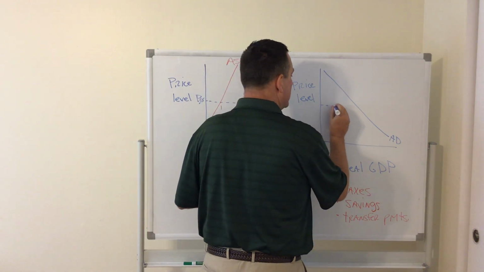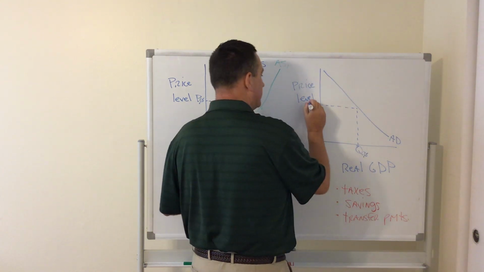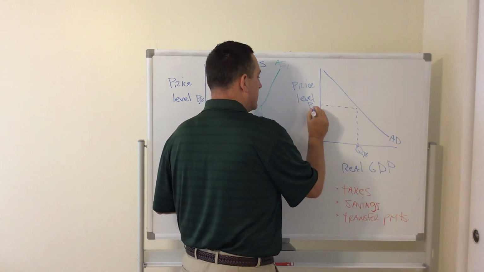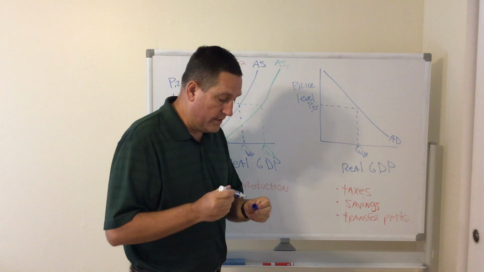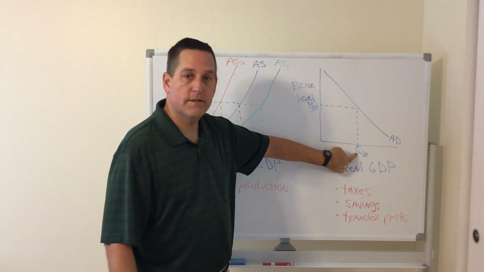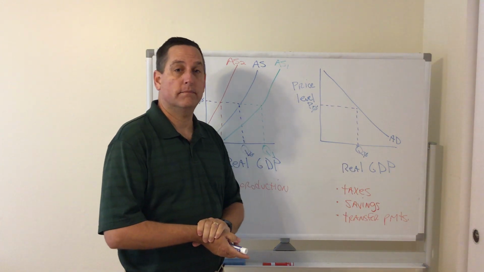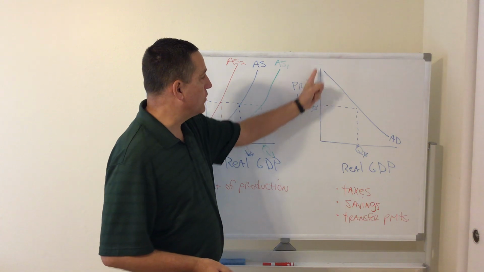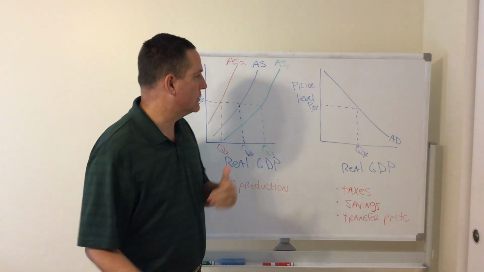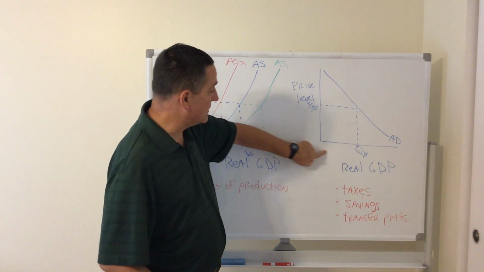At today's prices, this is how many goods and services are being demanded in the United States. At these prices, this is how many is demanded. Well, what do you think would happen if prices went up? If price levels went up, if the price of all goods and services, cars and hamburgers and houses and haircuts, if the prices went up, people would demand less.